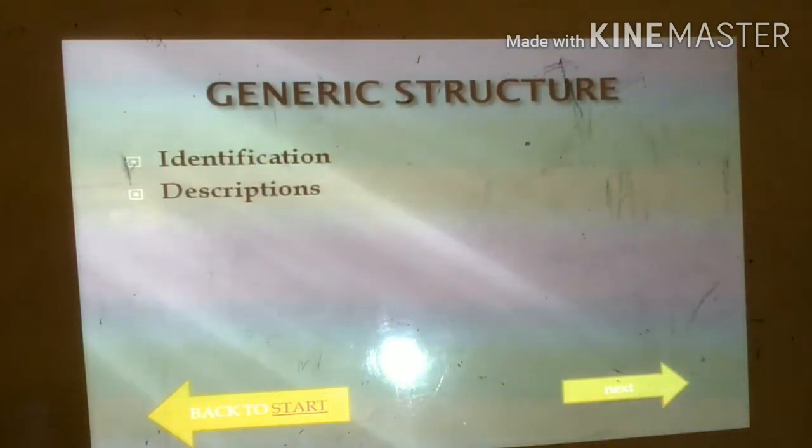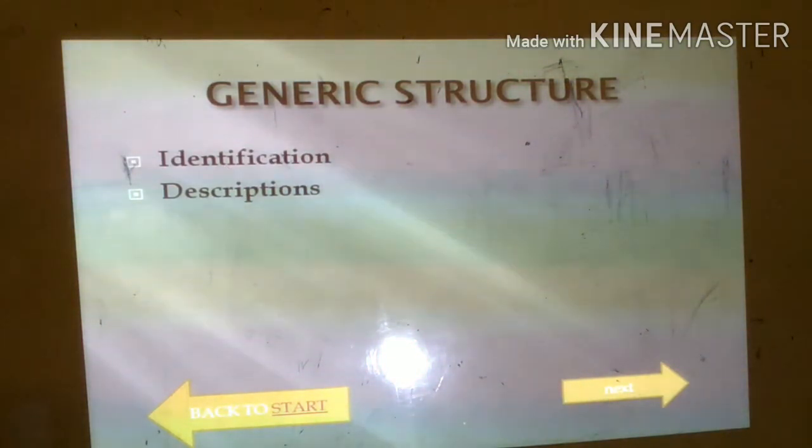How about the generic structure of descriptive text? The generic structure of descriptive text consists of two parts. The first part is identification.